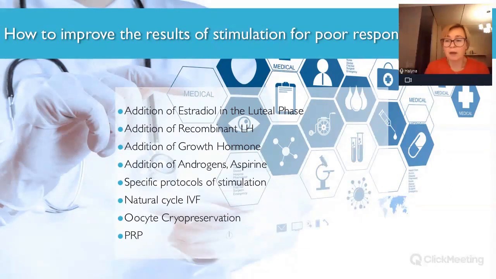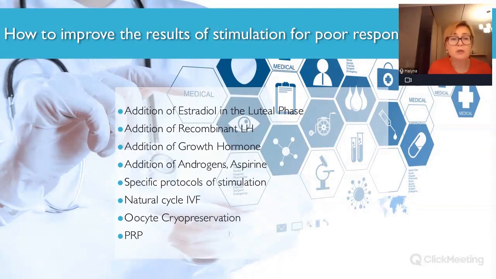So, how to improve the result of stimulation for poor responders? Of course, a lot of methods are described, and we try to use all these possibilities with our patients. But quite often we use the methods mentioned in this slide. We add estradiol in the luteal phase, and like that receive a more homogeneous cohort of oocytes.